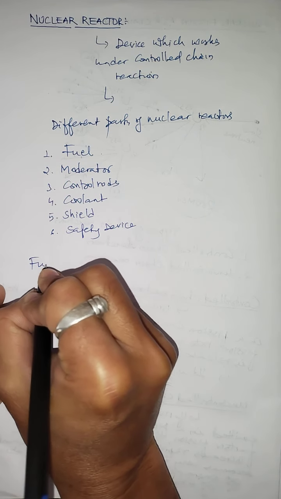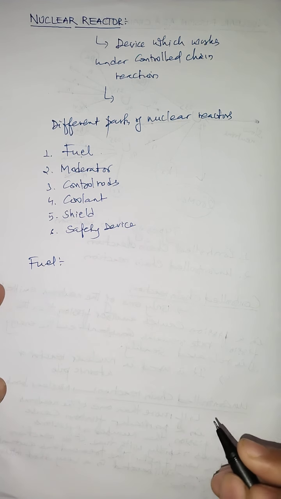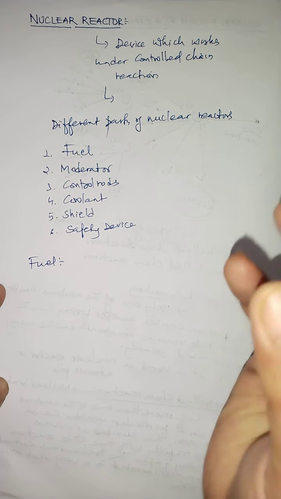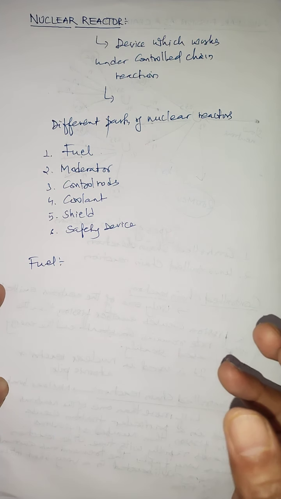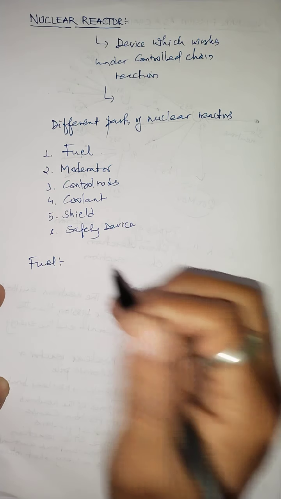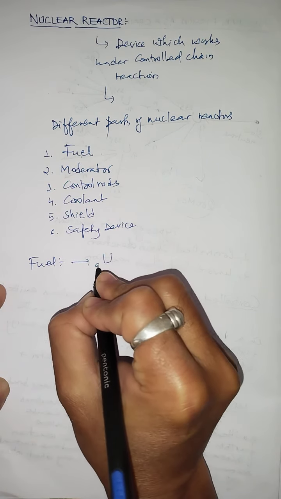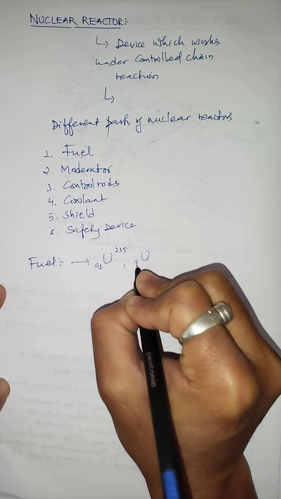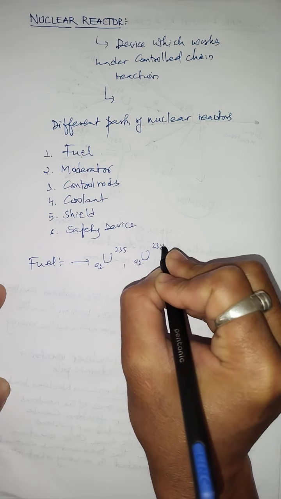So, fuel. Fissionable material means heavy nuclei like uranium, and it is actually called fuel. For example, uranium-92, 235. You can even take uranium-92, 238, one of the isotopes of uranium.